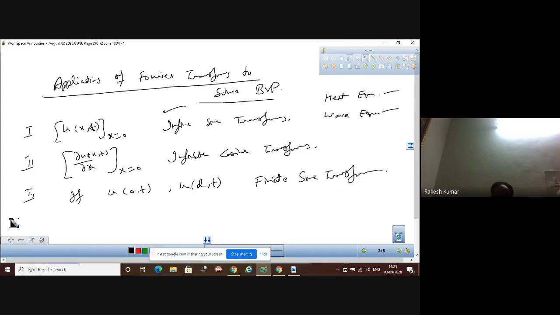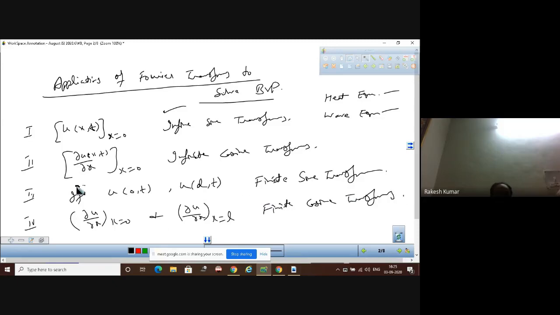And the fourth one, if the derivative condition is given at x equal to 0 and x equal to l, then we employ the finite cosine transform.